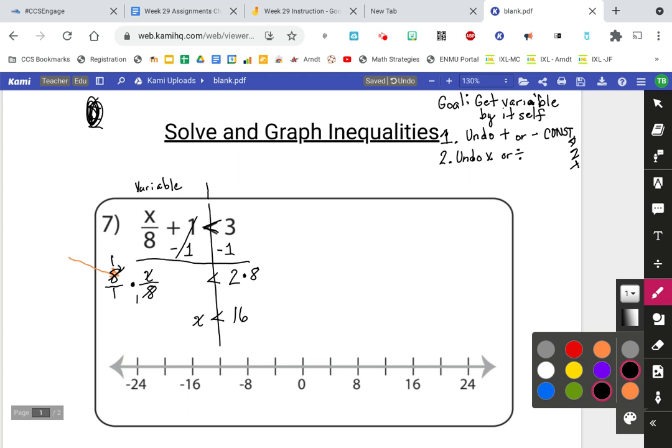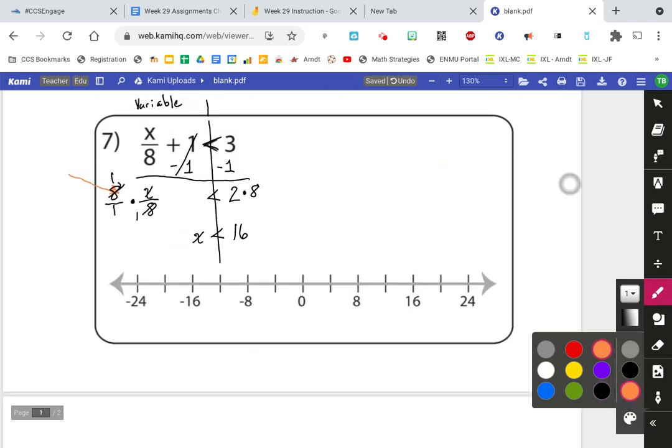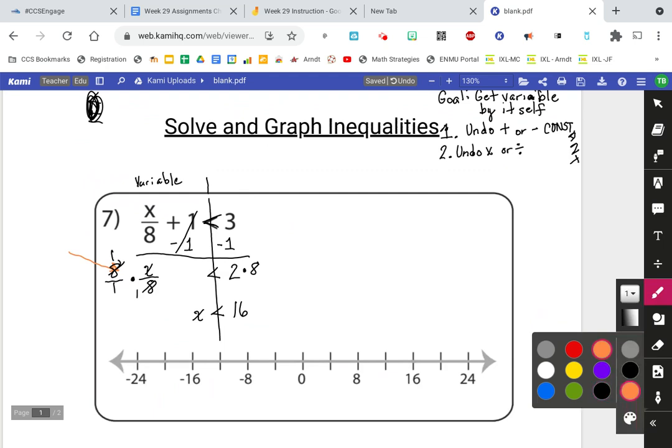Remember, we said up top that when we have a less than symbol, right here is our less than symbol, we want to use an open circle, which means we need a hollow circle at 16. So here I go. I'm going to make a hollow circle at 16. Basically, I'm just not going to paint in my circle. And then I want to color in all numbers on the number line that are less than 16.